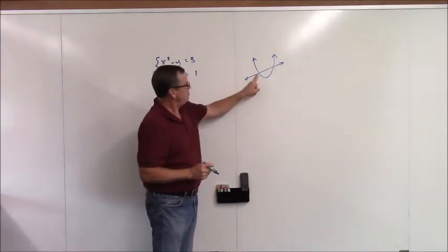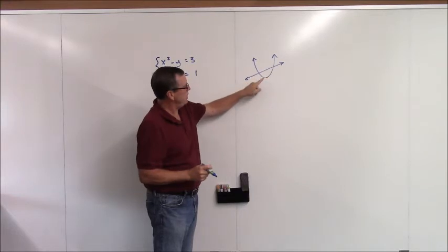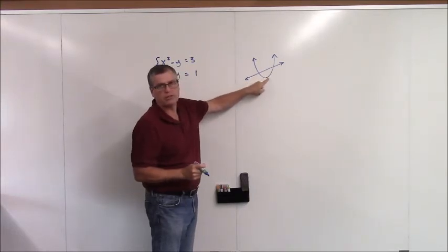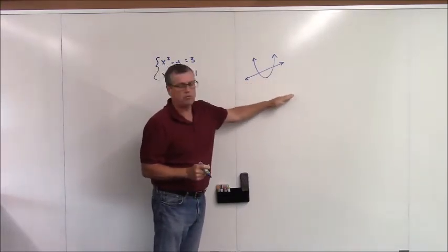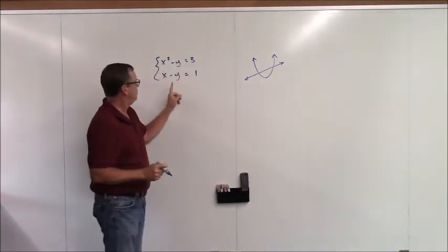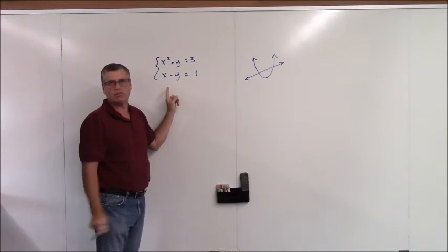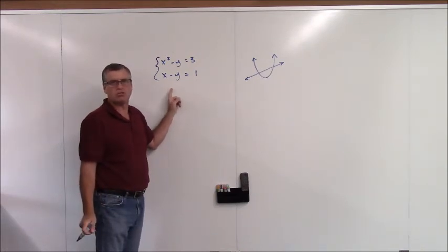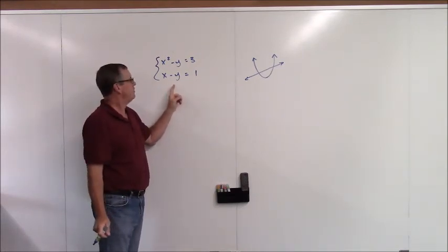Or maybe this line sits a little bit lower and it only intersects at 1 point. Or maybe it sits down even lower and they don't intersect at all. So we could be looking anywhere from no possible solutions to up to 2 solutions on this.